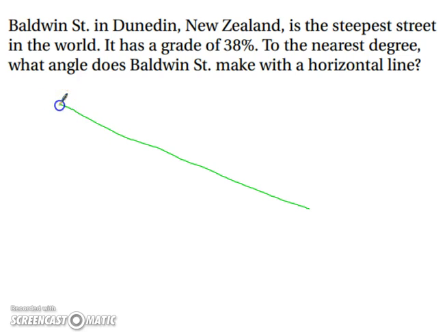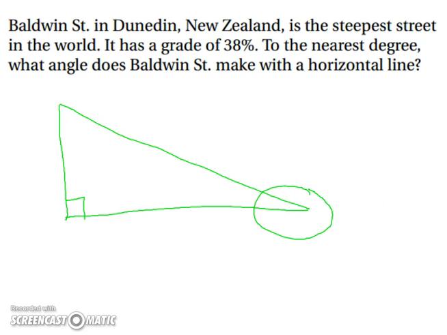And now we have to kind of make ourselves a triangle, since that's what makes this a feasible question. So we're going to assume that it meets at a 90-degree angle. And we're trying to figure out what Baldwin Street makes with the horizontal, so this is the angle we are in fact looking for.